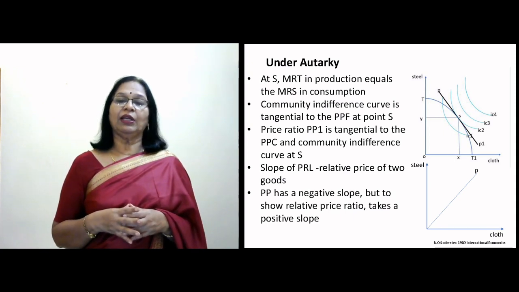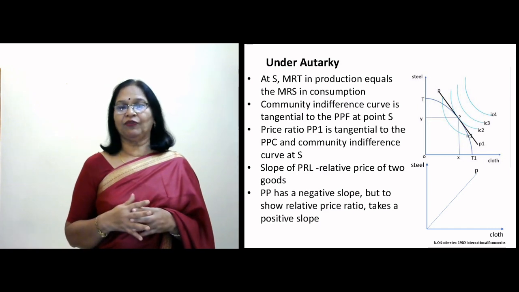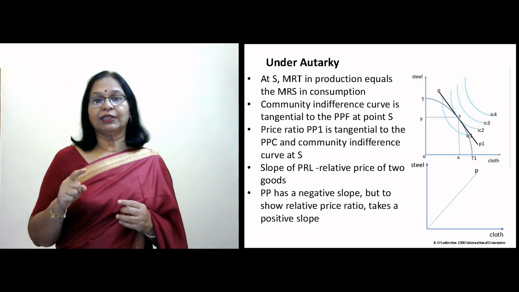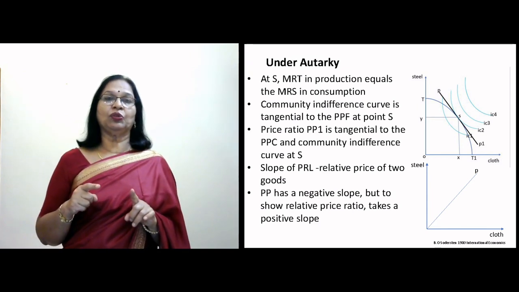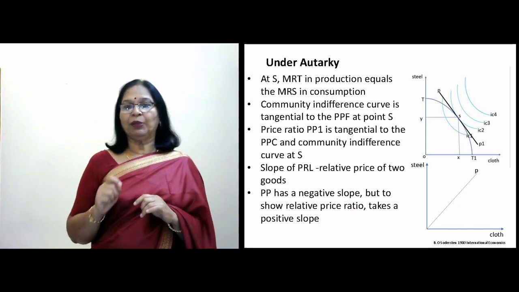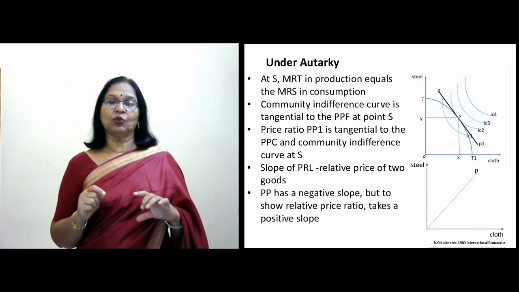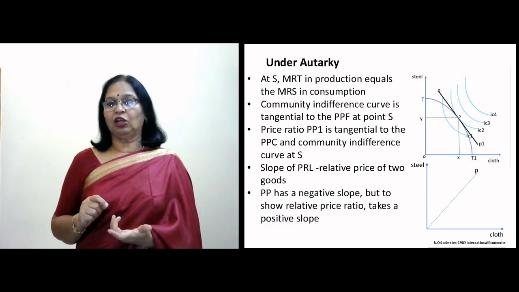So here, the indifference curves 1, 2, 3, and 4 are shown as the community indifference curves, and of these 4 indifference curves, the second indifference curve IC2 is tangent to the production possibility curve at point S. So at point S, the country decides to produce OY of commodity steel and OX of commodity cloth.